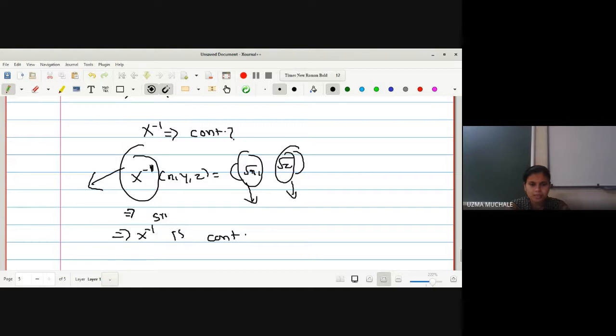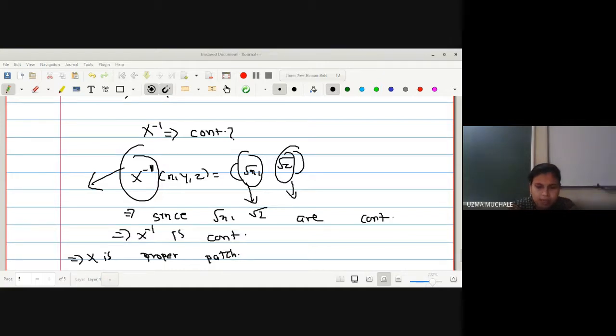To show a mapping is continuous, we have to show that its coordinate functions are continuous. That is, root x and root z are continuous, which implies x inverse is continuous. It implies x is a proper patch. Is the idea clear about this?